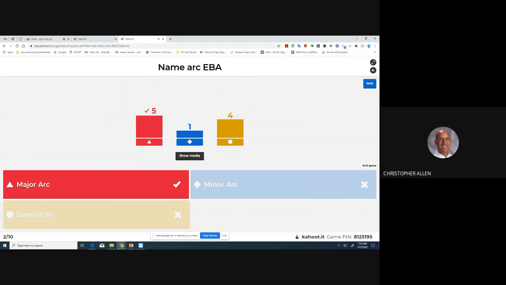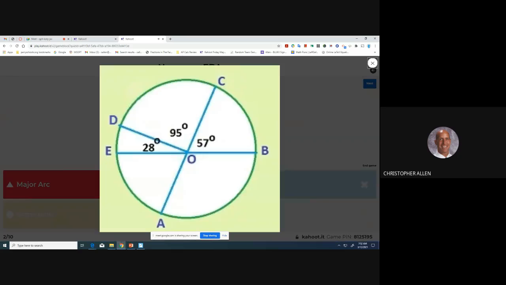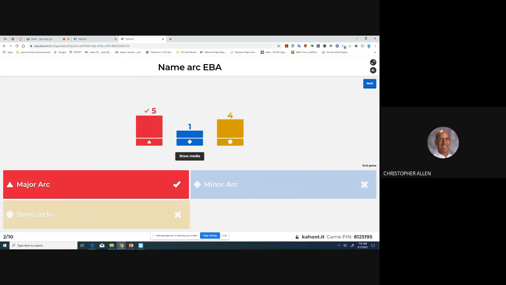So a lot of you said that you thought that was a semicircle. So I think it was EBA, right? So you start from E, and then you go all the way around to B, and then you go to A. Is that more or less than half of a circle? Well, that's more than half of a circle, right? That's actually more than 3/4 of a circle. So that is a major arc.